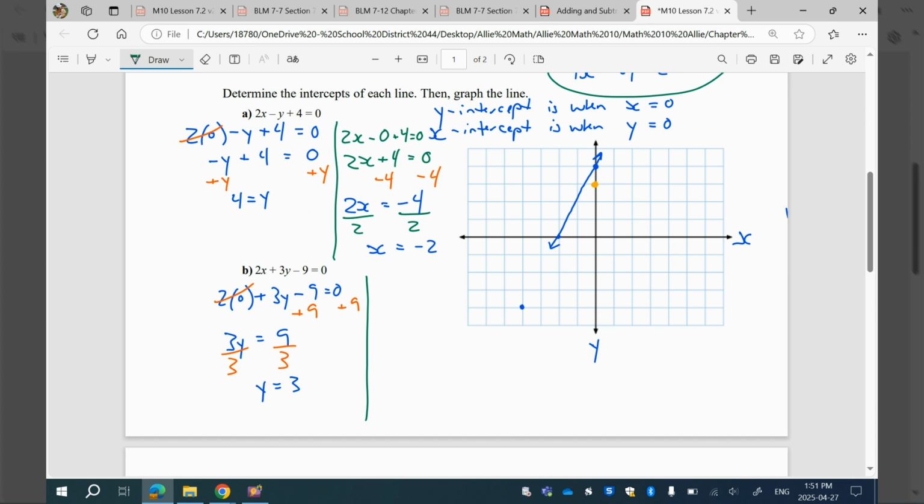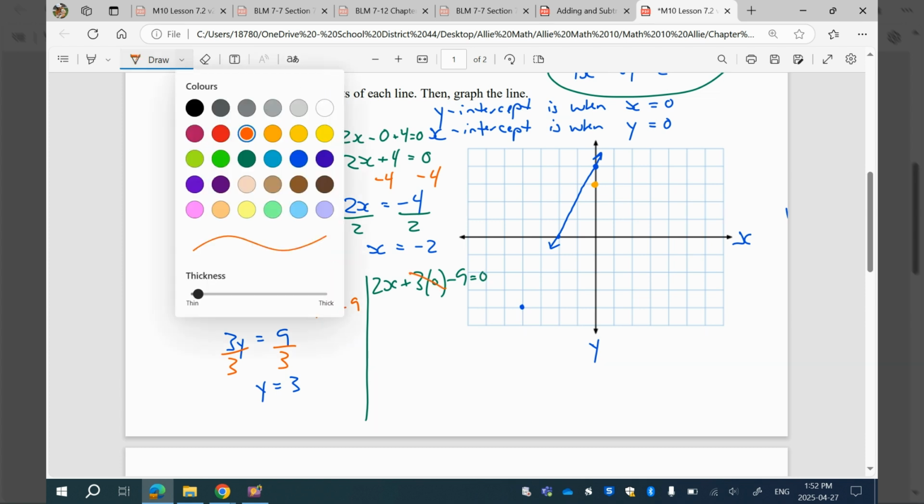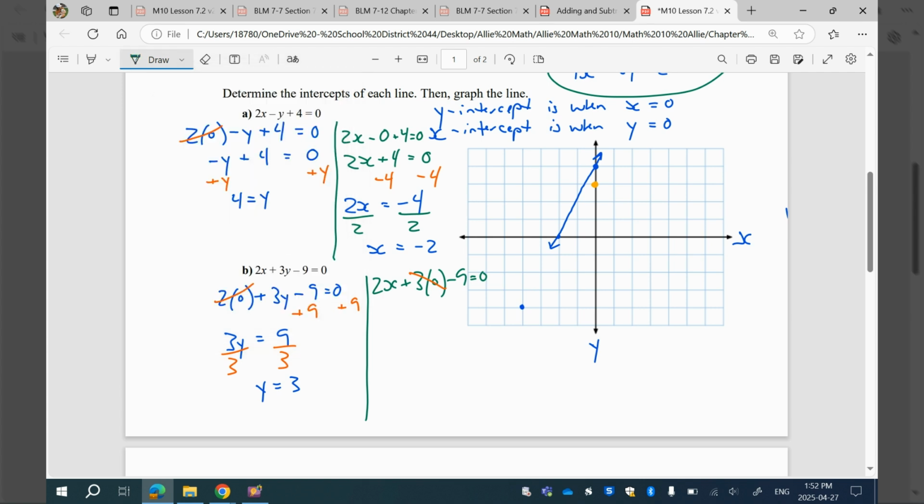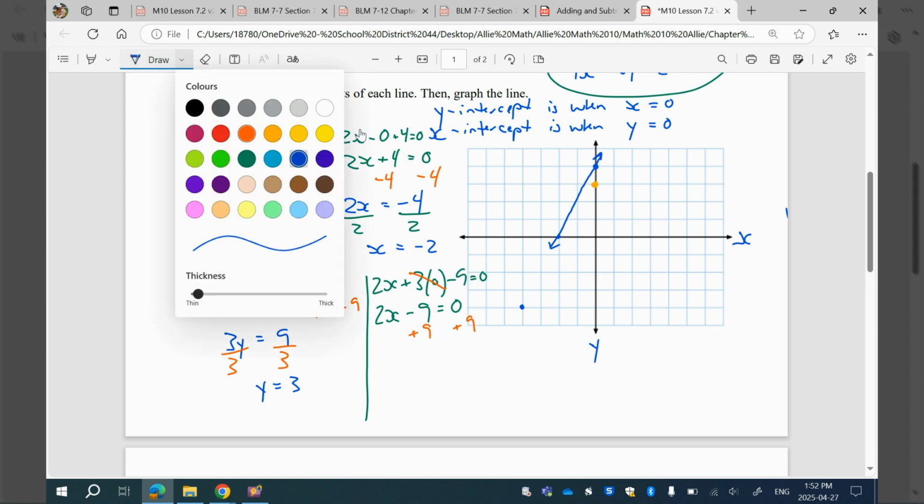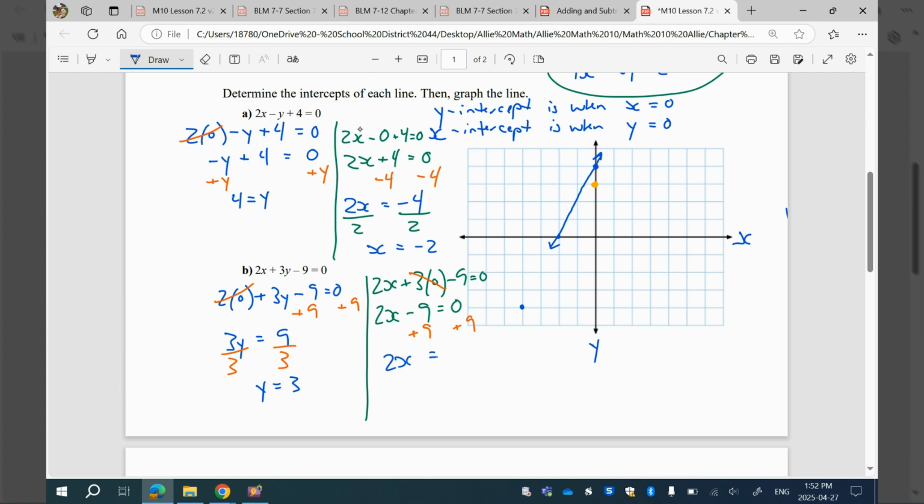Okay, sorry about that. Now we need to input our 0 in for our y. So we want to go 2x plus 3 times 0 subtract 9 equals 0. And now 3 times 0 is going to be 0. We have now 2x subtract 9 equals 0. Let's move our 9 to the other side. And we get 2x equals 9.